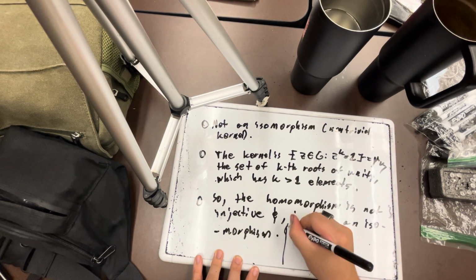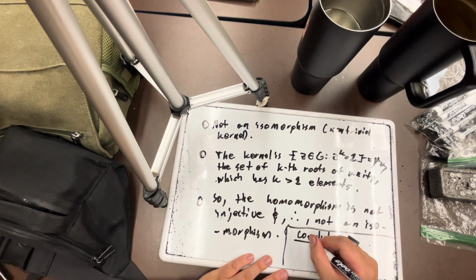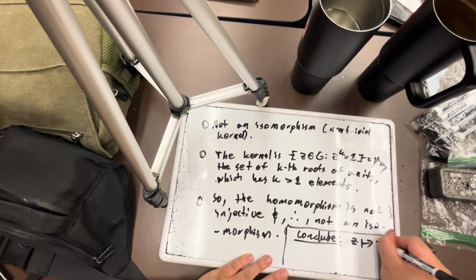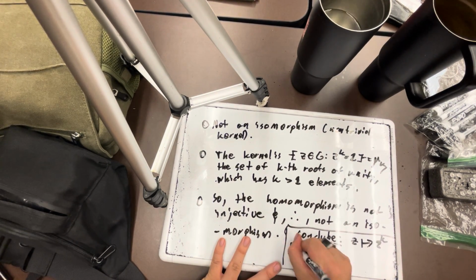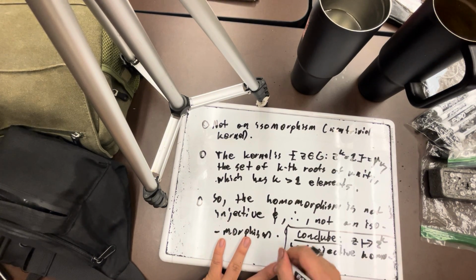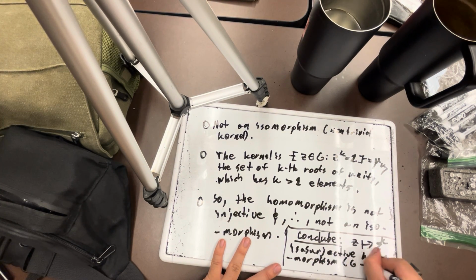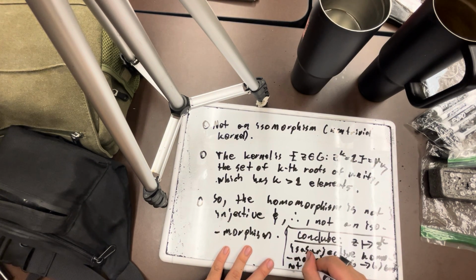So what do we conclude from this? We conclude that the map from Z to Z to the K is a surjective homomorphism which maps G to G, but not an isomorphism, with K being greater than 1.